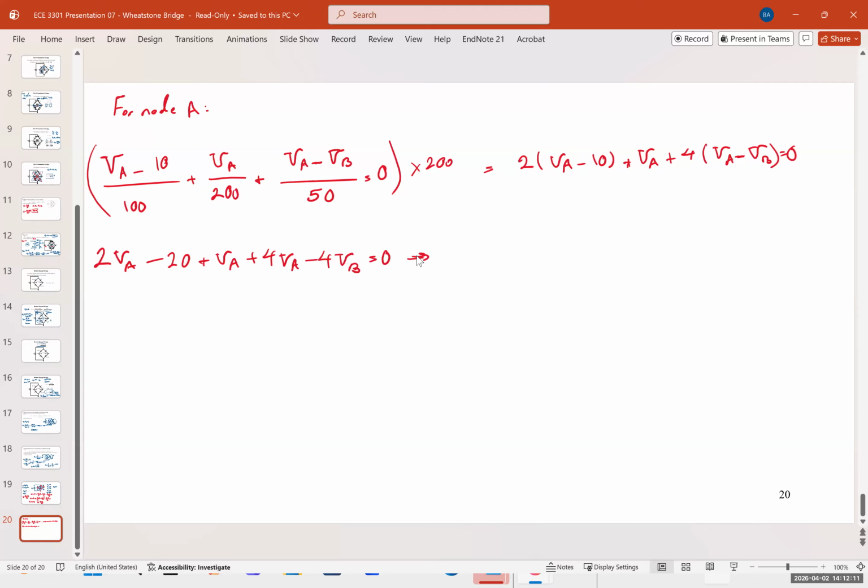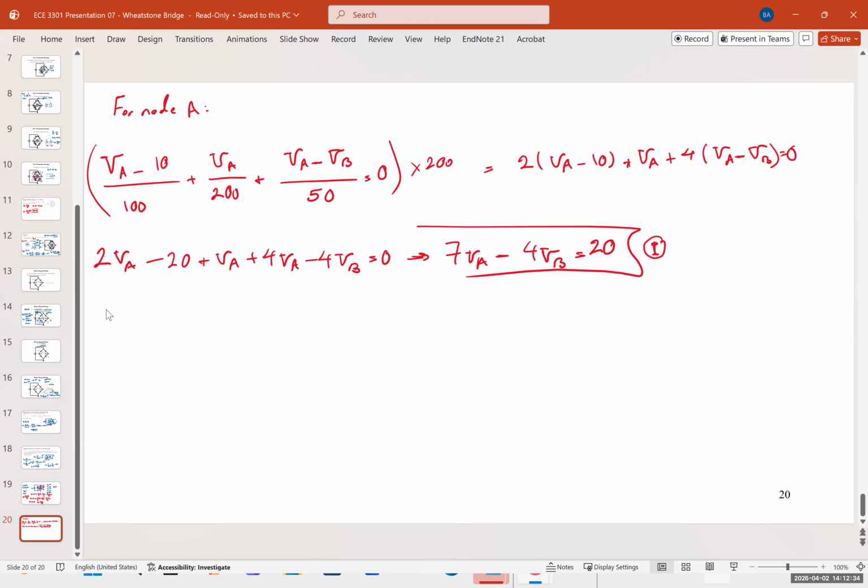So 2 plus 1 plus 4 gives us 7VA minus 4VB is going to be equal to 20. So this is our first equation. Call it equation number 1.